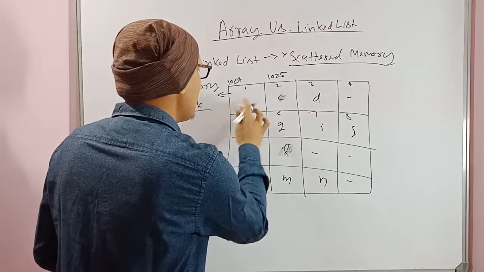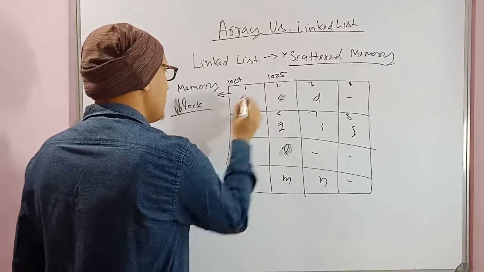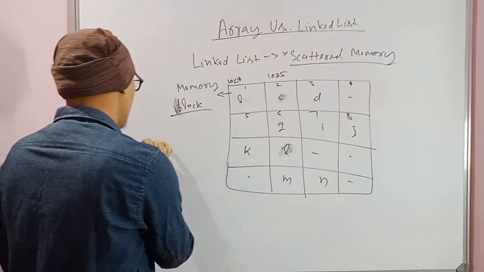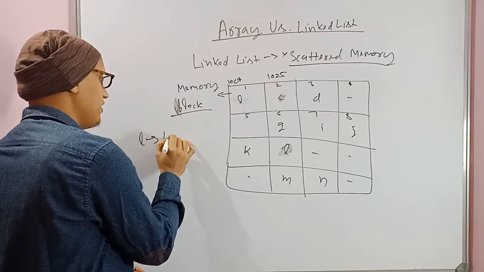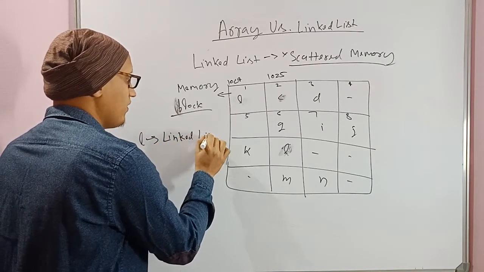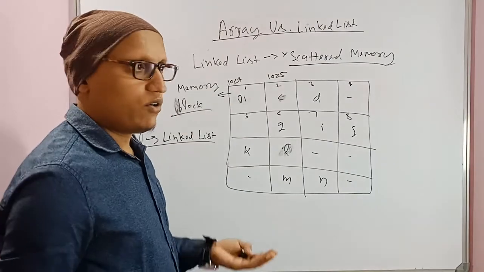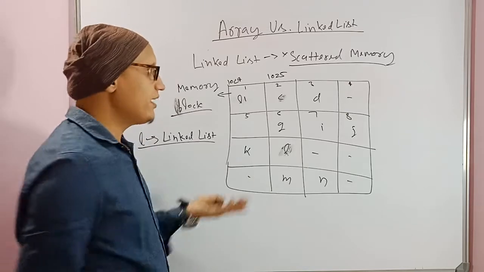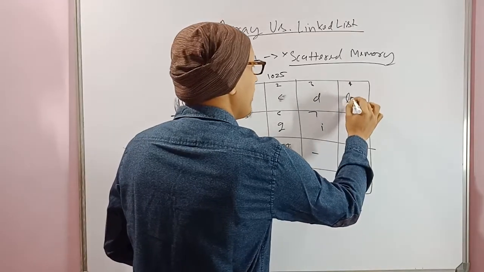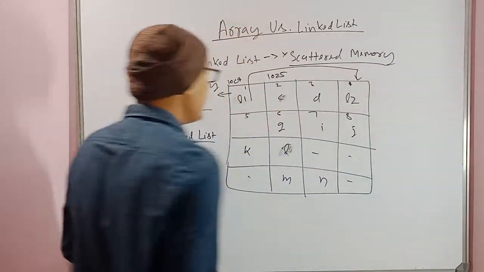So here we can store something like suppose linked list is L. Here L represents linked list. So suppose L1 is the data. Now I want to store one more data in the linked list. What I can do, I can make it L2, and then this one can point to this one.